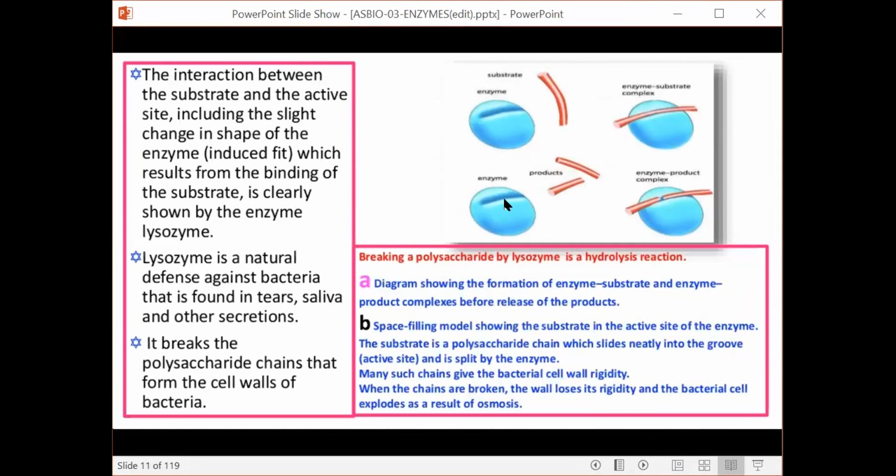Over here is an example which gives an idea of how an enzyme shows a little bit of flexibility, or adjustability, in this case the enzyme lysozyme. The enzyme is there, and the substrate is binding to it. It is an enzyme defense against the polysaccharide chain that forms a cell wall, in this hydrolysis reaction.